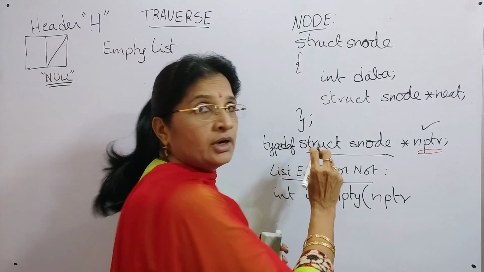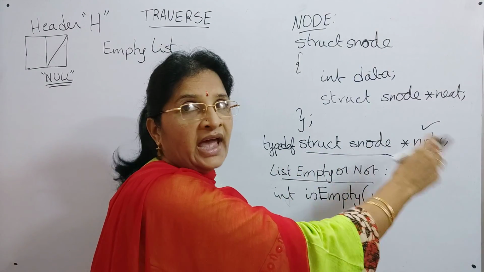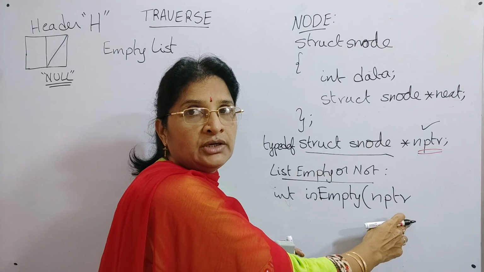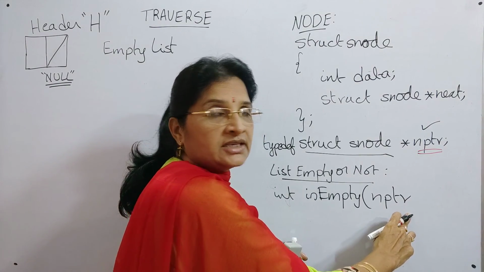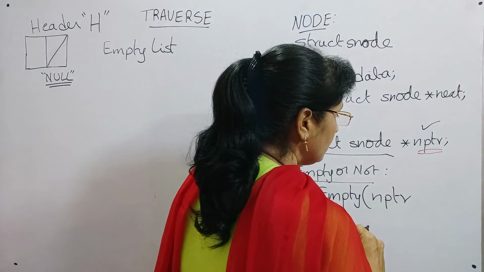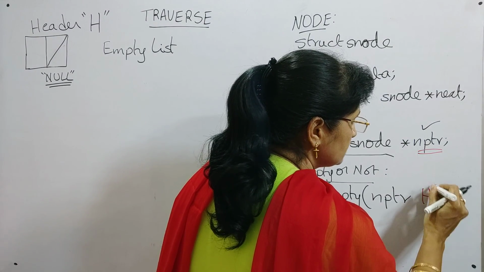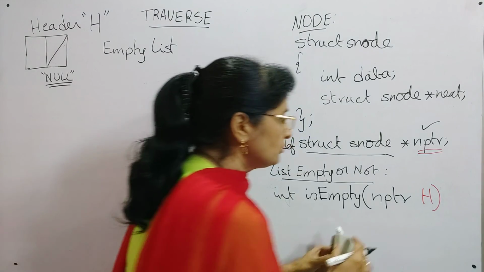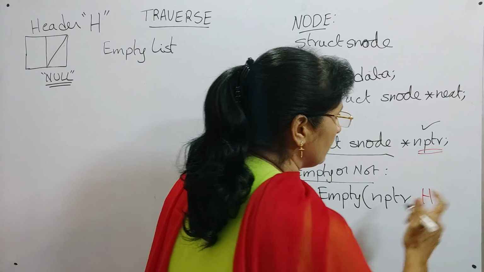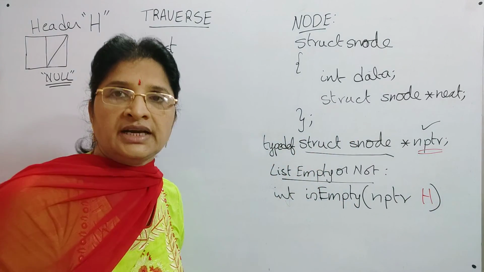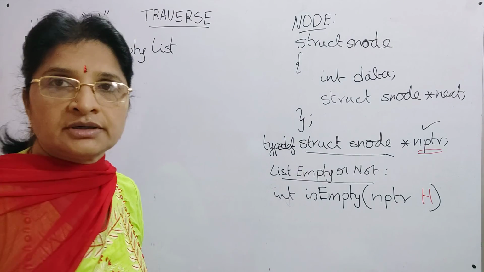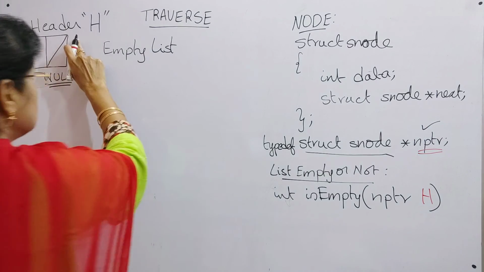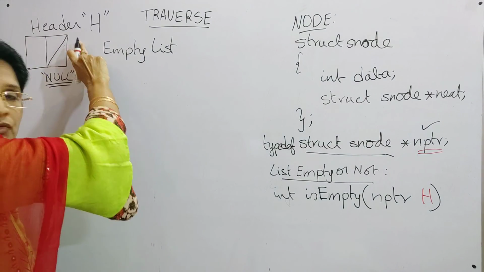So instead of every time using struct node asterisk, you can just give it as NPTR. For every operation, you should compulsorily provide this H, that is the header of your list.